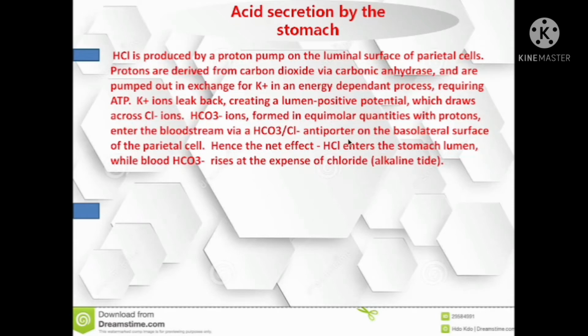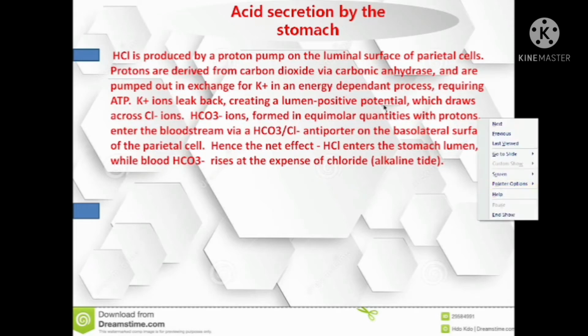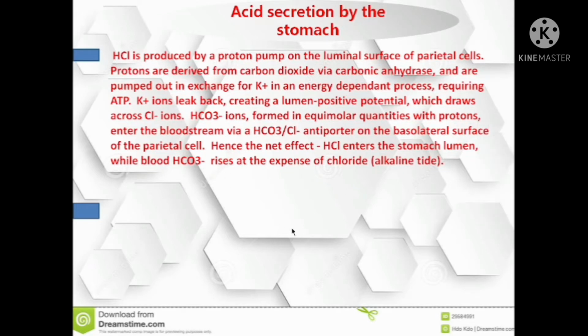The production of the HCl occurs with some absorption of some ions, some potassium channels and exchange of which I'm not going to talk about here. But always remember that it is the parietal cells in the stomach that facilitate the production of HCl.